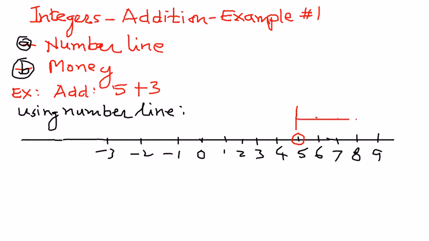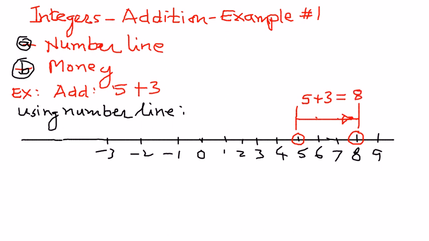Going to the right, that is where I'm going to stop. The point where I stop will be the answer, the solution for 5 plus 3. We were at 5 and we added 3 units to it, and therefore we came up with 8 units.